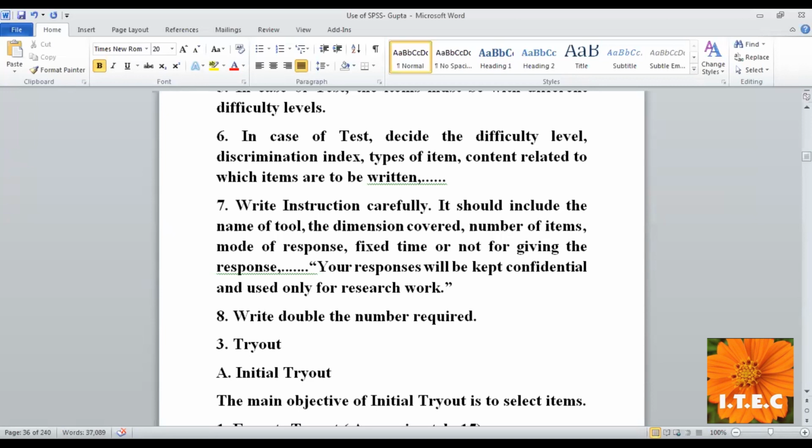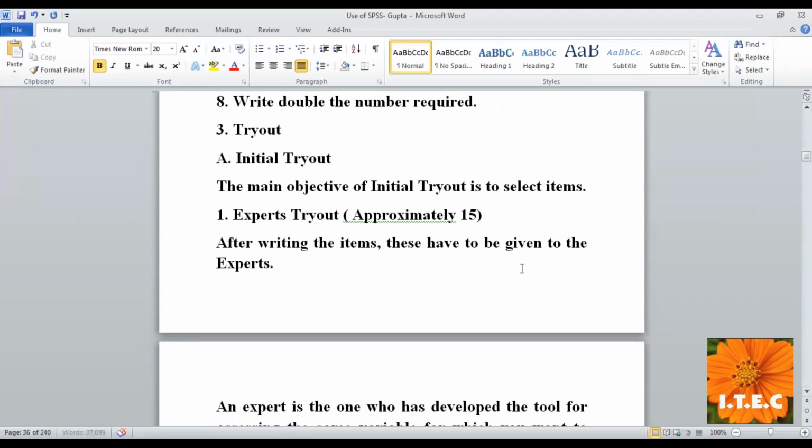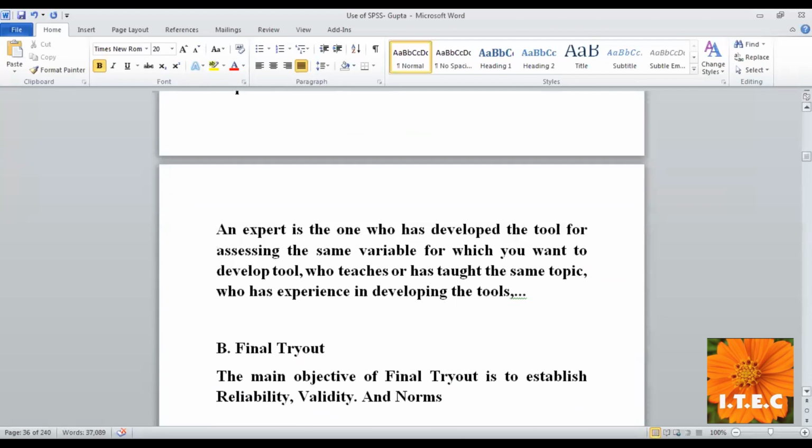Why more items? Some of the items will be deleted, will be rejected on the basis of the responses of the experts. So suppose you have 40 items, and out of 40 items, 5 items are rejected.